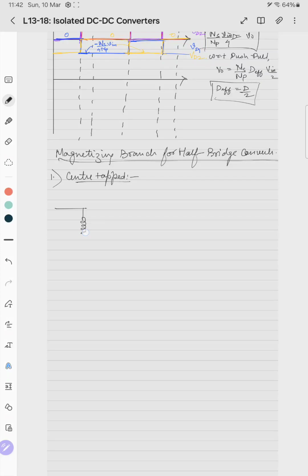I'll draw the LM here. This is LM, then this is the transformer, and here we have center tap secondaries like this. So here what happens is, say this is winding number 1, this is 2, and this is 3. So say this is I2 and this is I3.